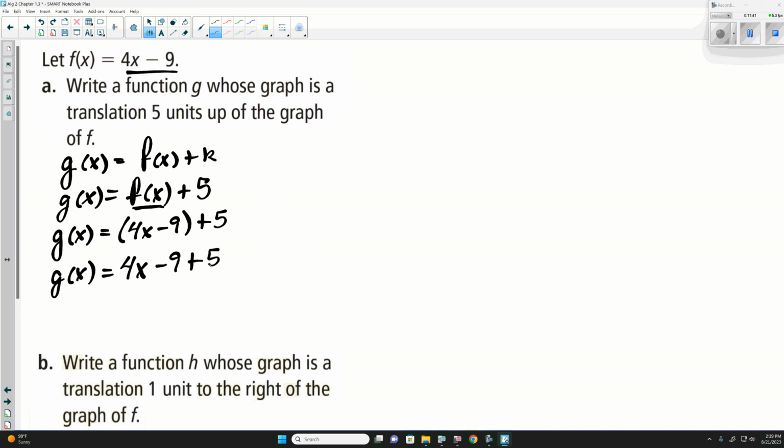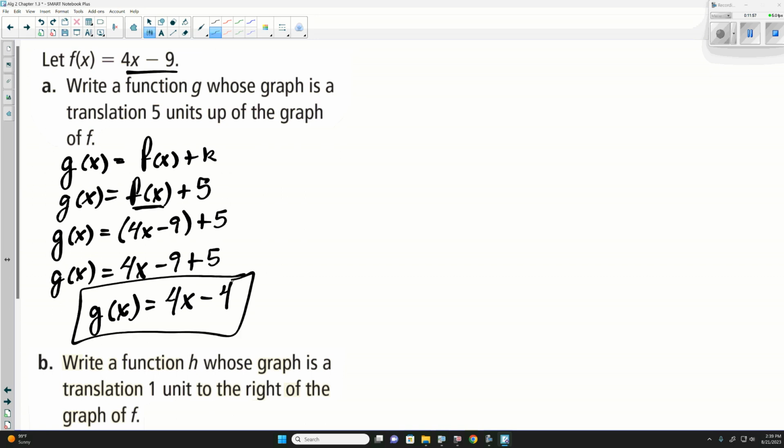We can drop the parentheses and then simplify, telling us g of x is equal to 4x. Then what? Yes. And that's it. Questions on any of this here? We feel pretty good with up and down.